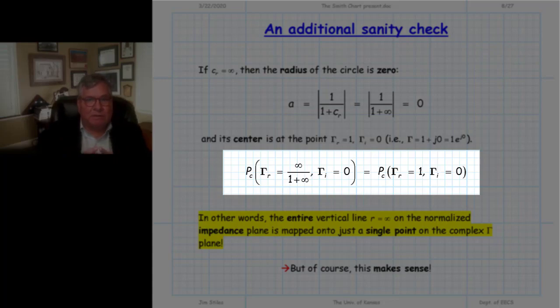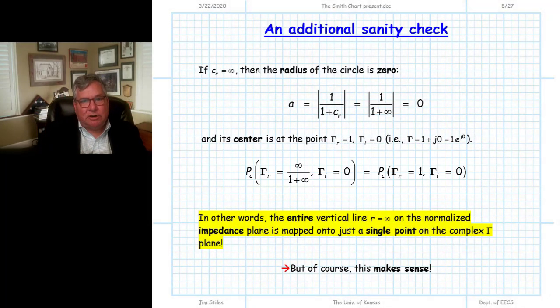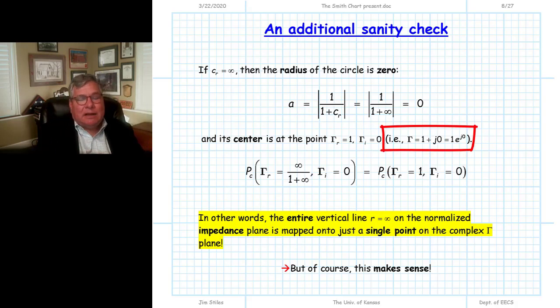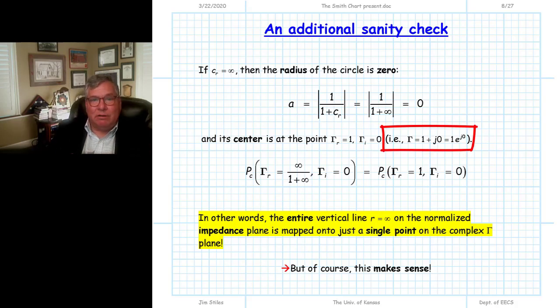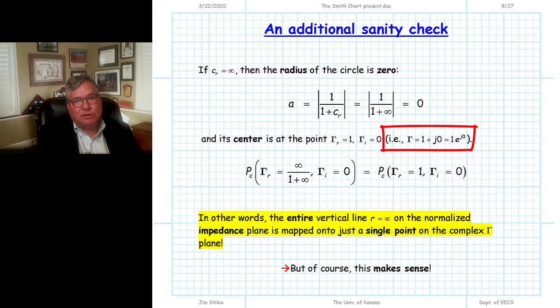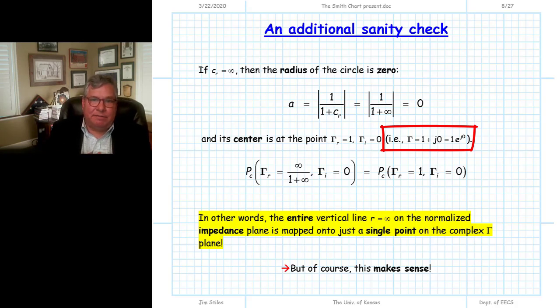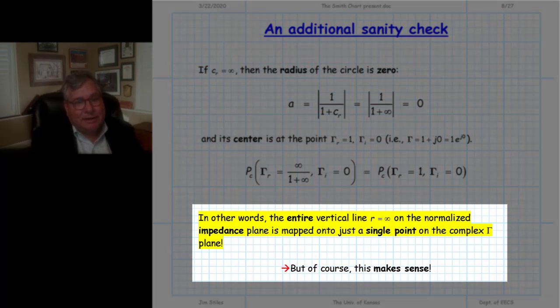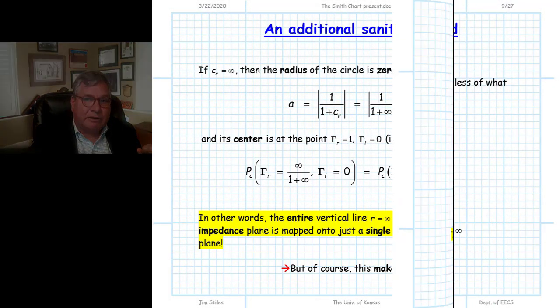In other words, gamma is equal to 1 plus j0, or expressed another way, a magnitude of 1 from the origin, and a phase of theta, the rotation angle, equal to 0. Now, when we think about this, it all makes sense. This prediction from our parametric math tells us the result, which we know to be true from our previous knowledge.